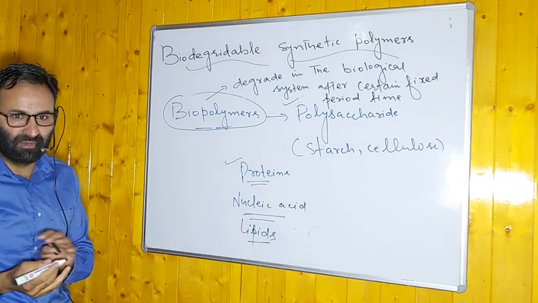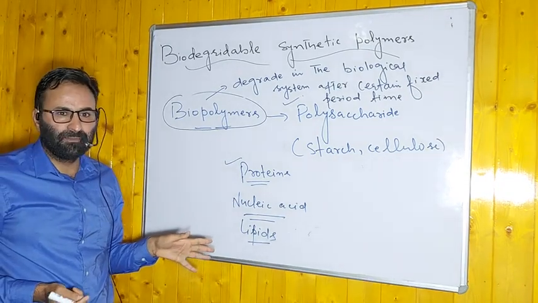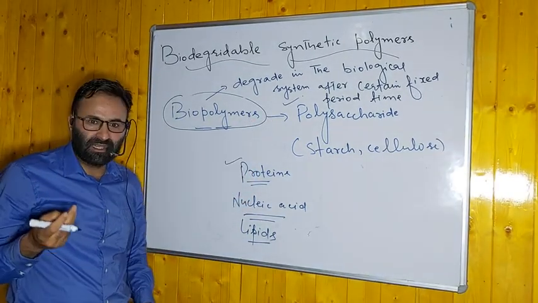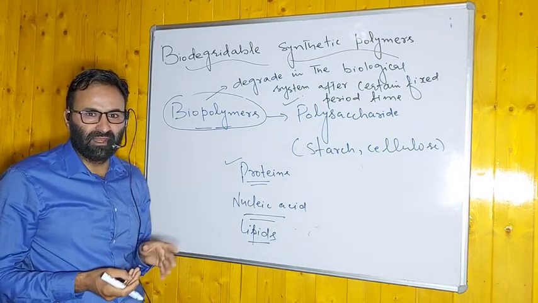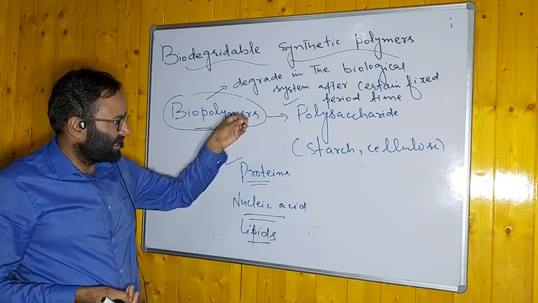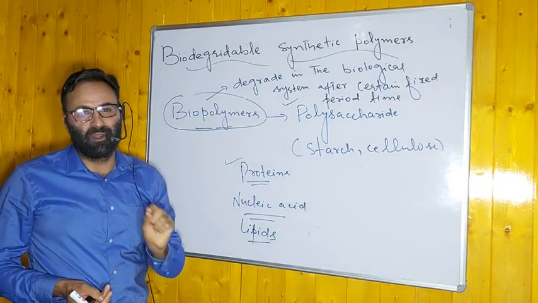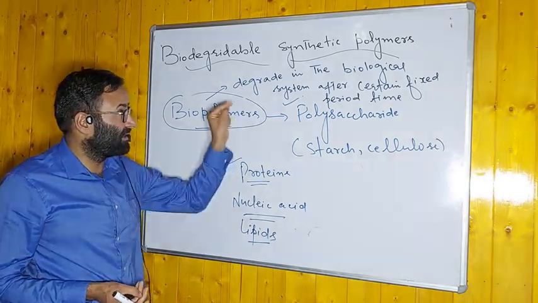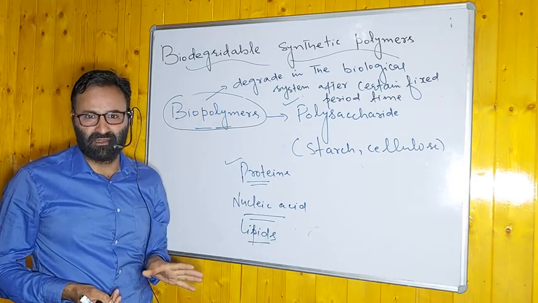First, you should remember these are the polymers which are present in the biological system. It includes polysaccharides, proteins, nucleic acids, DNA, RNA. And they have the special property. What is that special property? They degrade in the biological system after a certain fixed period of time.